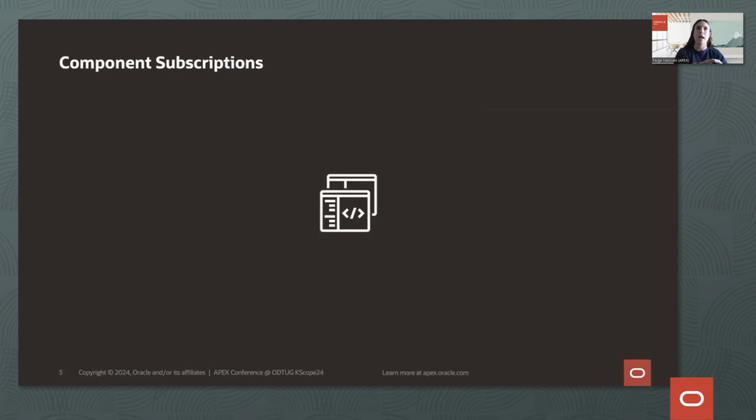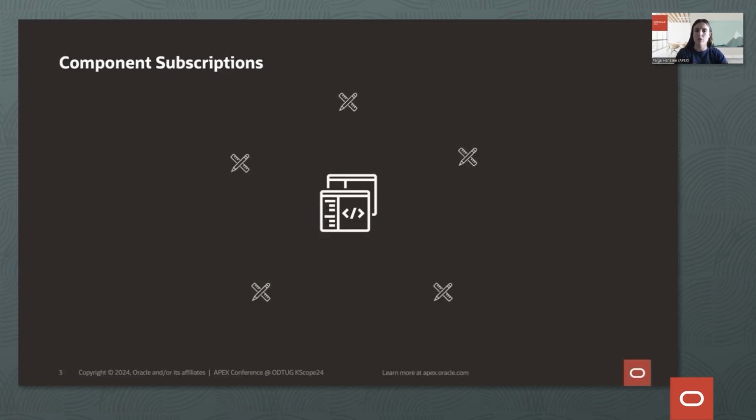Here's a quick diagram to help visualize what this process looks like. In this situation, it's helpful for me to have what I call a reference application. This is where, if I've developed that plugin, it might live, or any shared component that I want to make available for my teammates to subscribe to is going to be living in this reference application.